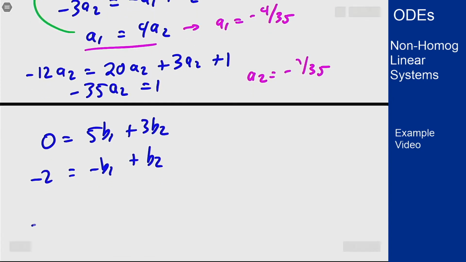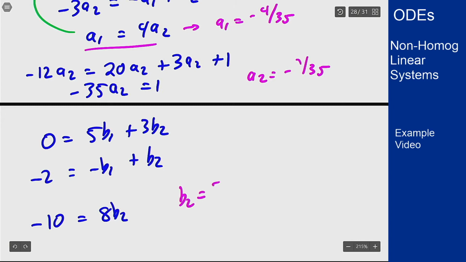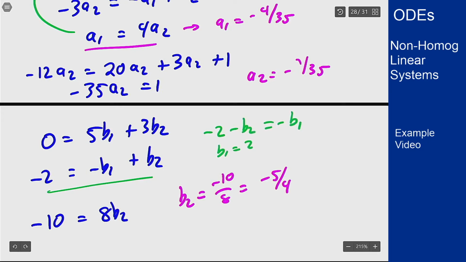I will get that negative 10 equals 0 b1s plus 8 b2s, which tells me then that b2 is negative 10 over 8, which is negative 5 over 4. Plugging that into the second equation here tells me that negative 2 minus b2 equals negative b1, where b1 is 2 plus b2, which is 2 minus 5/4 or 3/4.